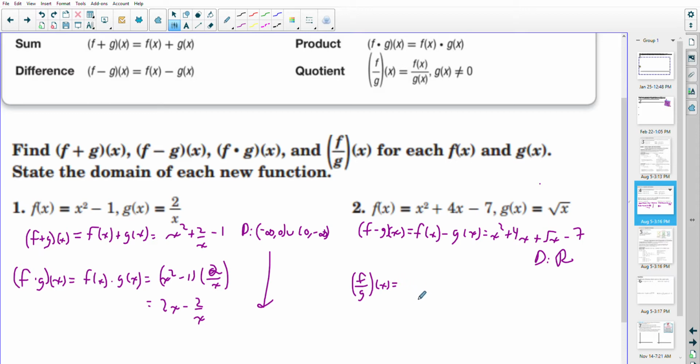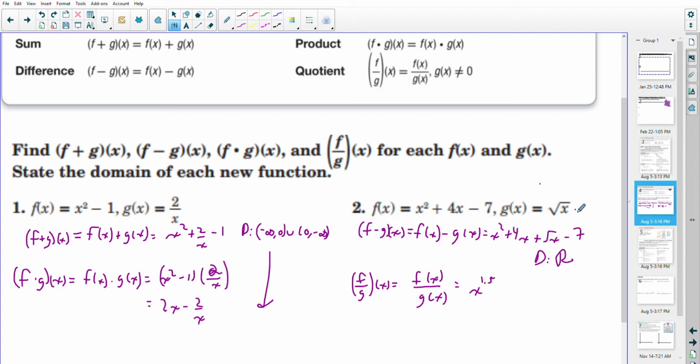Secondly, looking at the division of this one, again, what I would do is put f of x over g of x, just so it's easier to see, and you're just going to do a substitution. When you do that, you would get x to the 1.5 power.